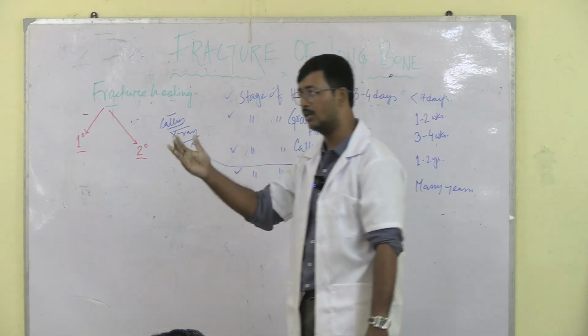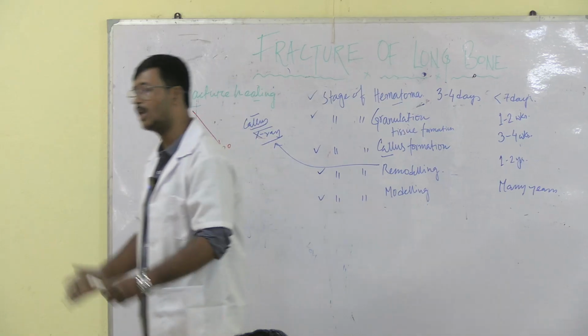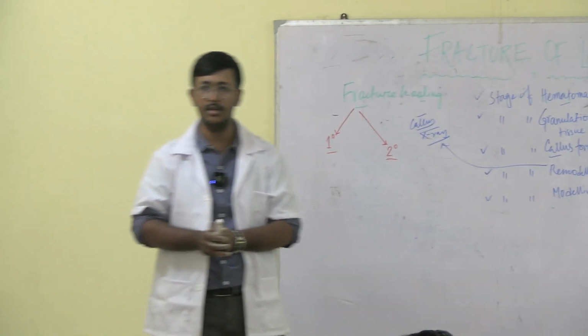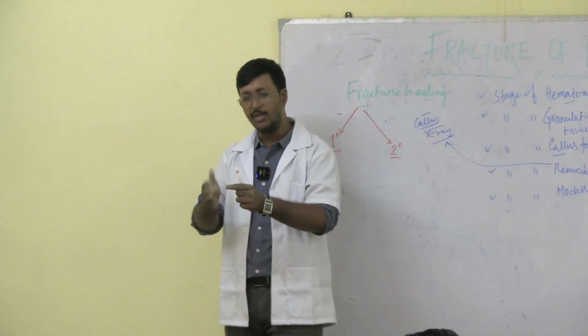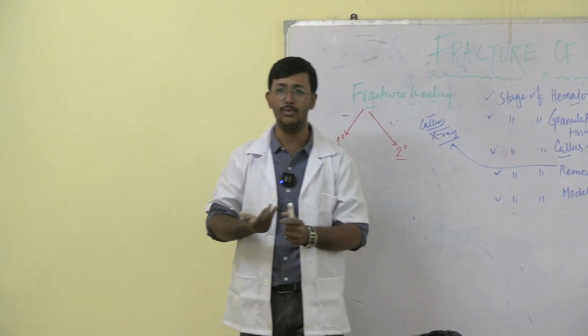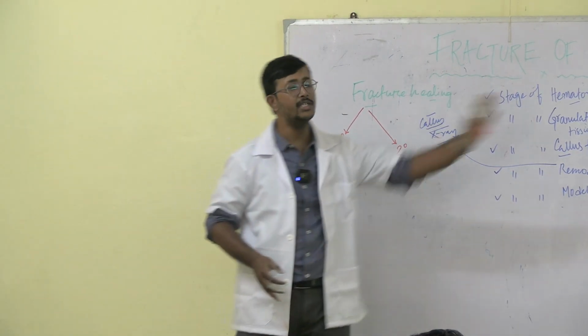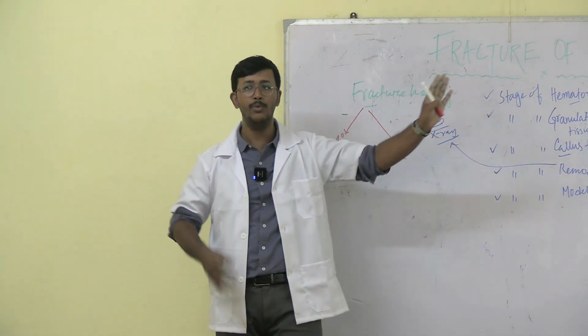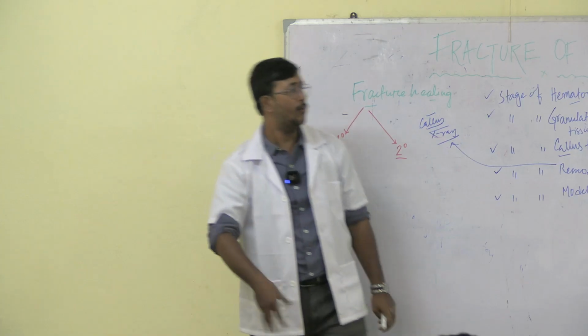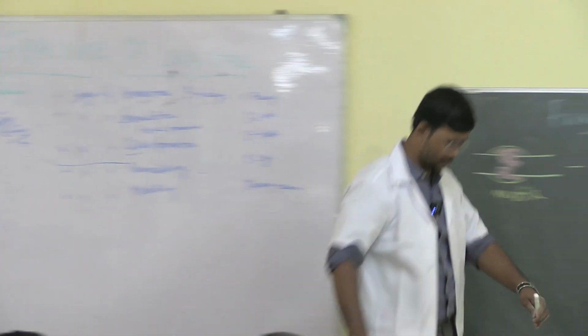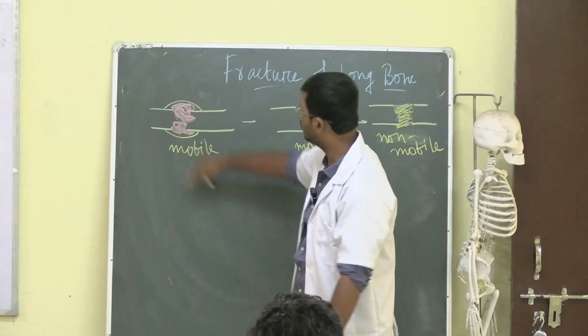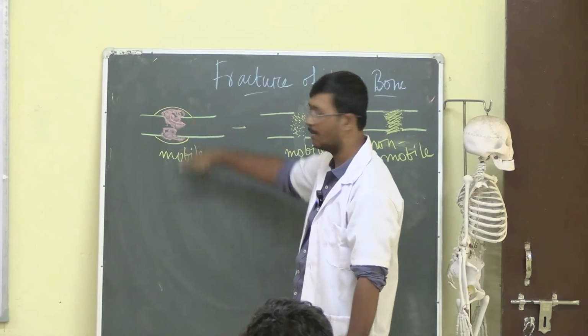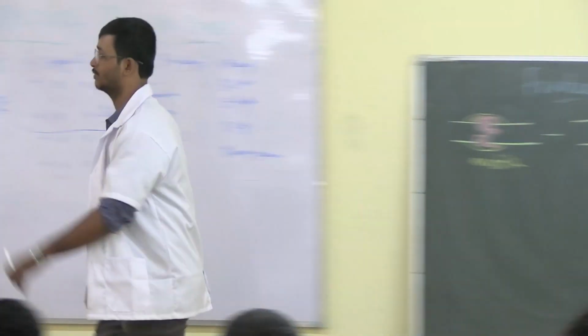There are certain other treatment processes, but if we need to operate on that person, we will operate. And during operation, we will not allow these stages to happen. We will just bypass them. We will clear the hematoma. There is hematoma, we will clear it.